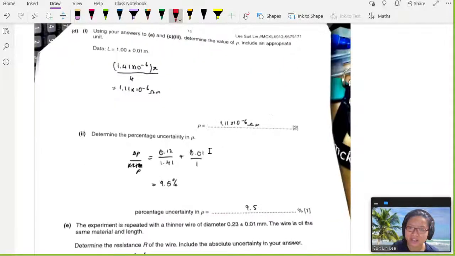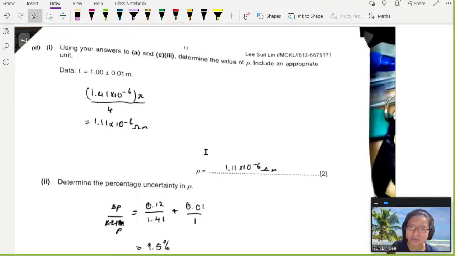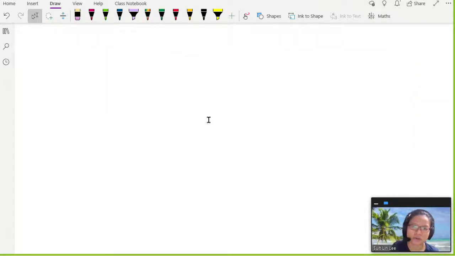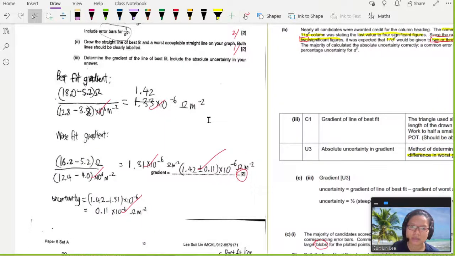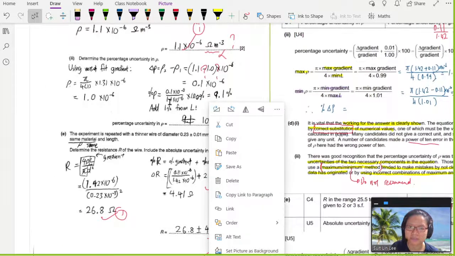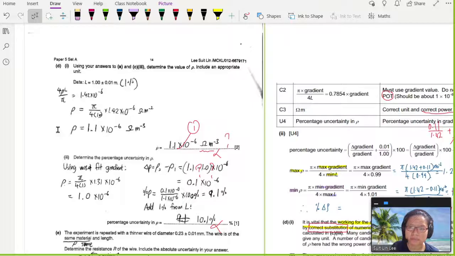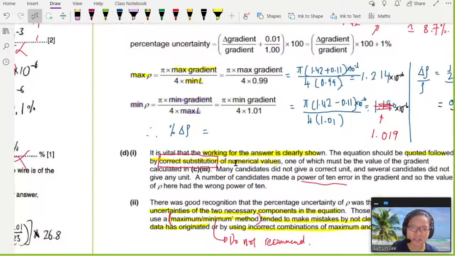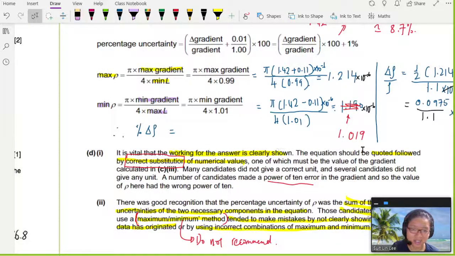Stay safe. Okay, so this one, got clear substitution of working or not? What do you think? Do you know which equation he used? If you go and look at the previous examiner report, it says here, when calculating the value of resistivity, it is vital that the working for the answer is clearly shown.